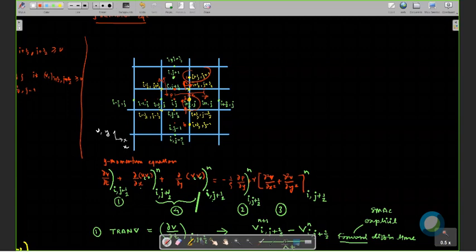We have this face value and this face value and this one. Okay. So delta x, delta x, delta x. So that we have to write. So this is I plus 1, j plus half.